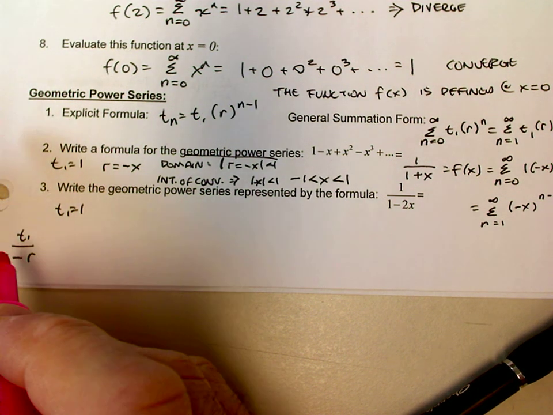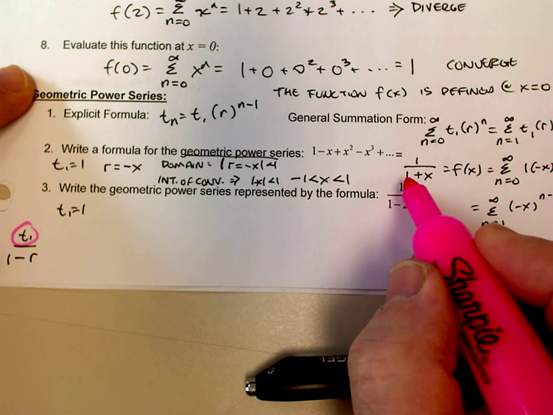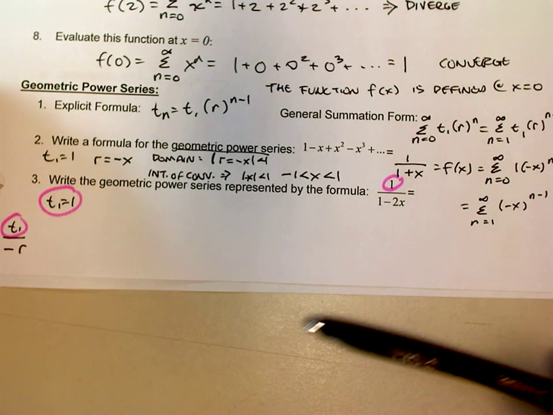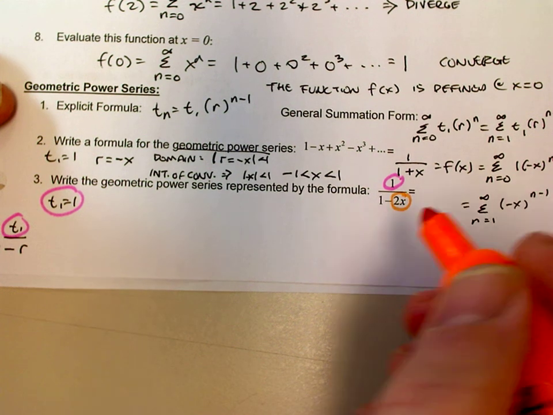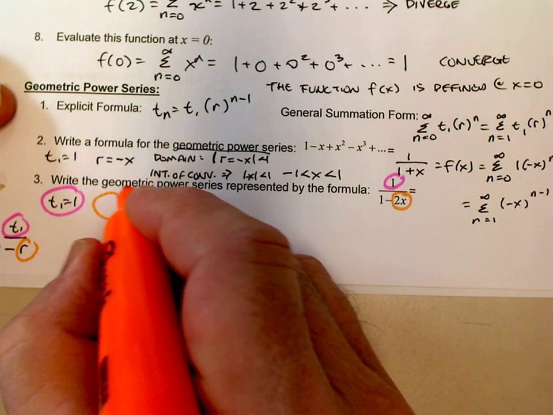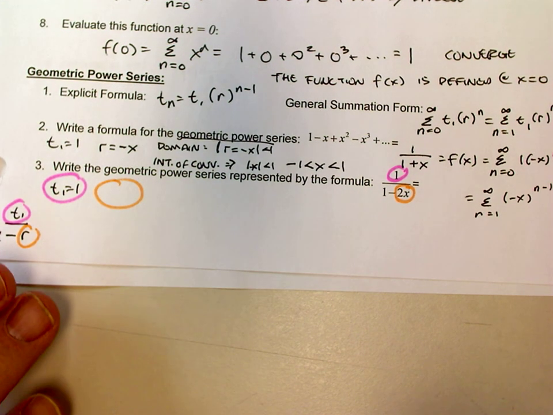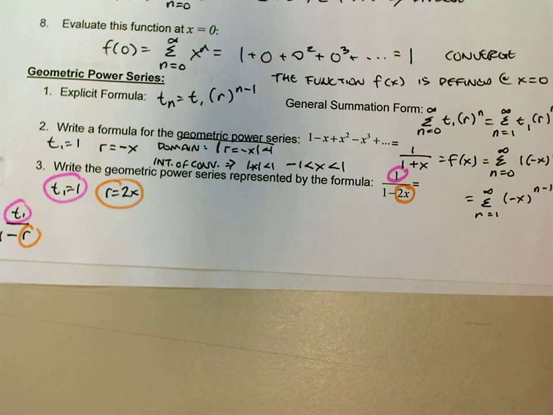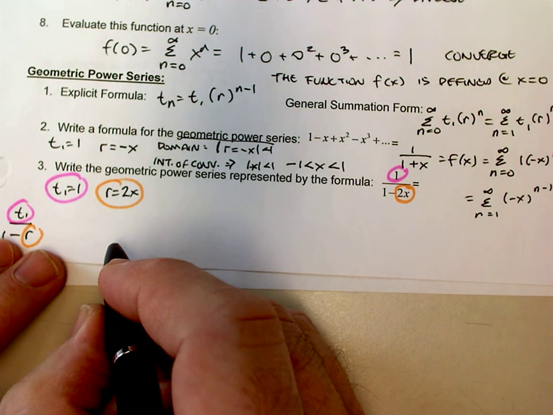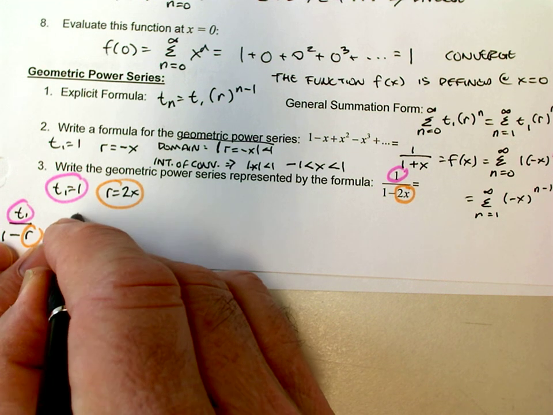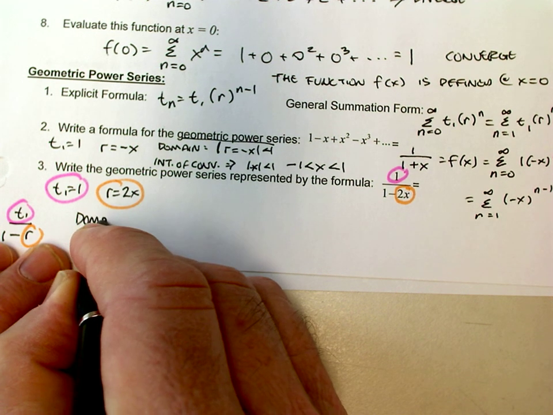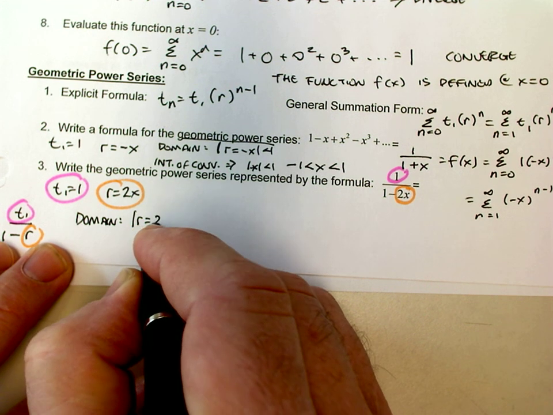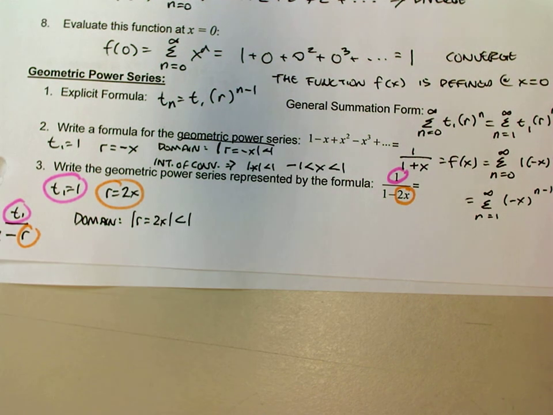From here, t sub 1 is that guy right there. And then, looking at this, it's subtracting 2x, so that's going to be our r value. Our r value is going to be 2x. Now we do need to check our domain here and find our interval of convergence. So the domain here will only converge when this is less than 1.